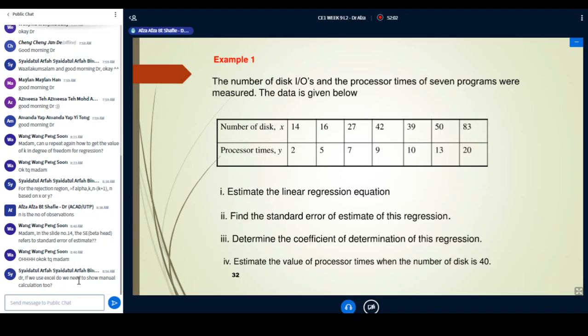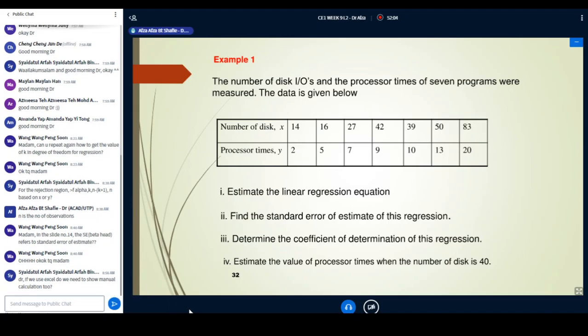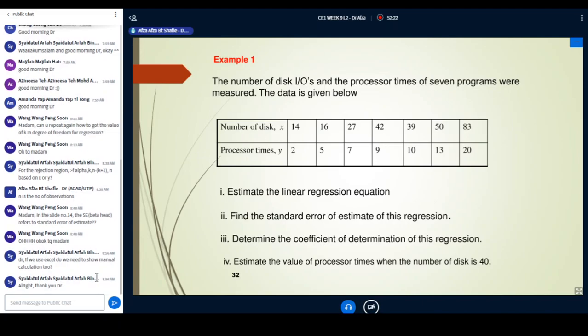No, you don't. Basically, if you use Excel, you don't need to do the manual calculation, because Excel gives you the whole lot. I will show you how to do it in Excel.